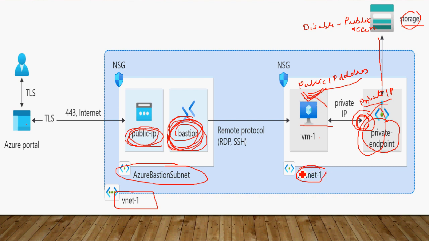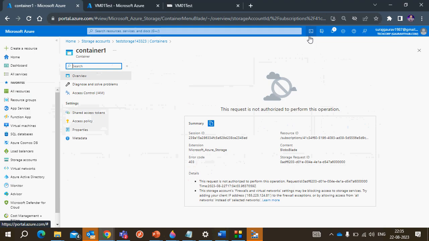Because it is under this subnet, and we only allowed this subnet in the private endpoint. Apart from this subnet, globally nobody can access this storage account, right? And we have seen through the portal side as well, we are unable to connect.